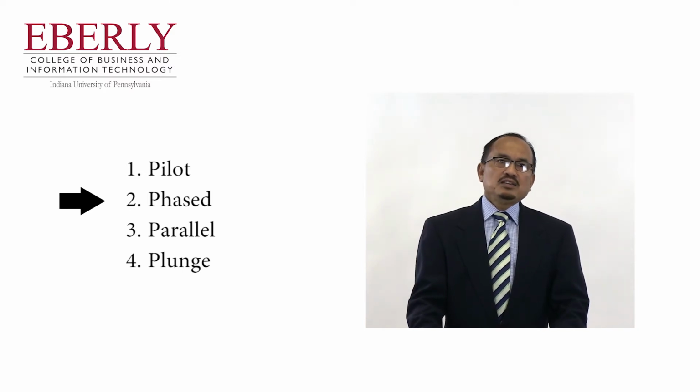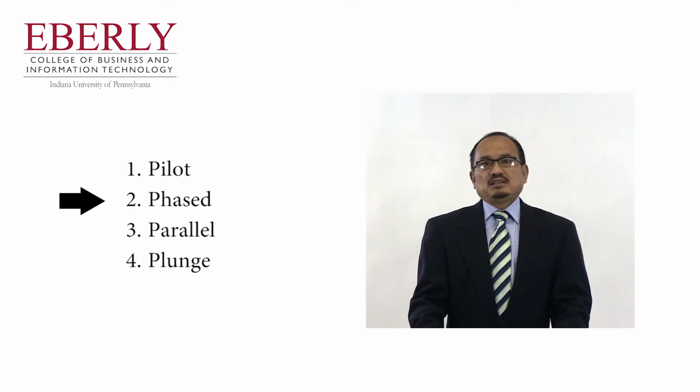Once a given piece works, then the organization installs and tests another piece of the system until the entire system has been installed. Some systems are so highly integrated that they cannot be installed in phased pieces. Such systems must be installed using one of the other techniques.